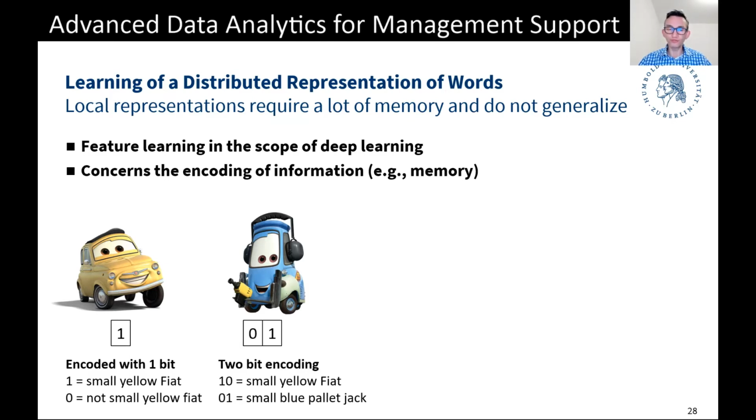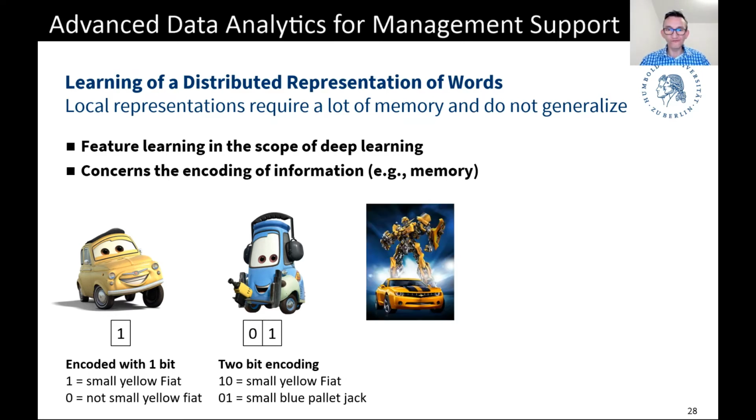And we could do it here using 2 bits, where then we have 2 states: 1, 0, small yellow field, or 0, 1, small blue pallet jack. Okay, and the more and more concepts we encounter, the more complicated or the longer gets our encoding.